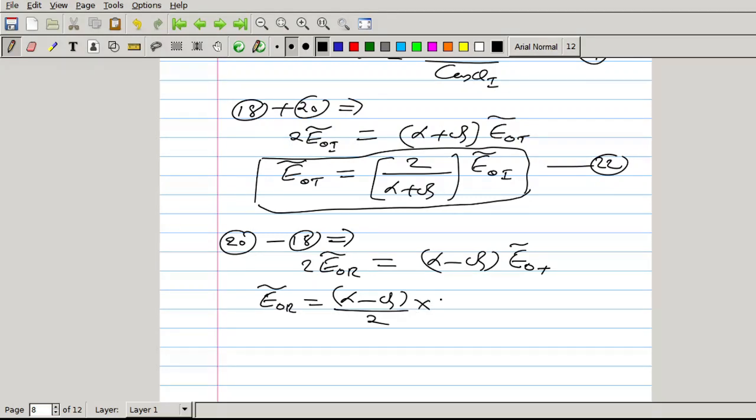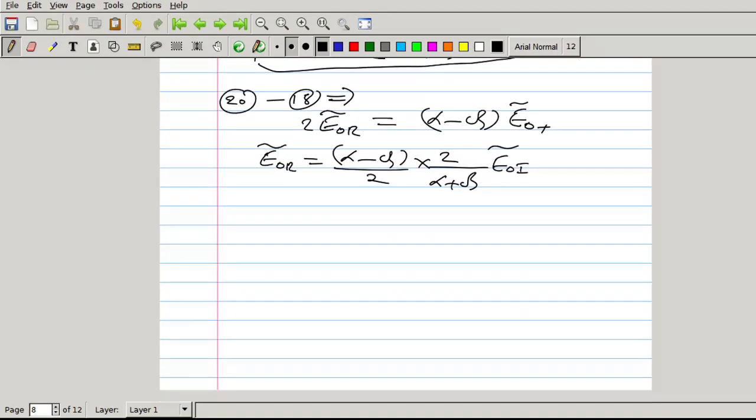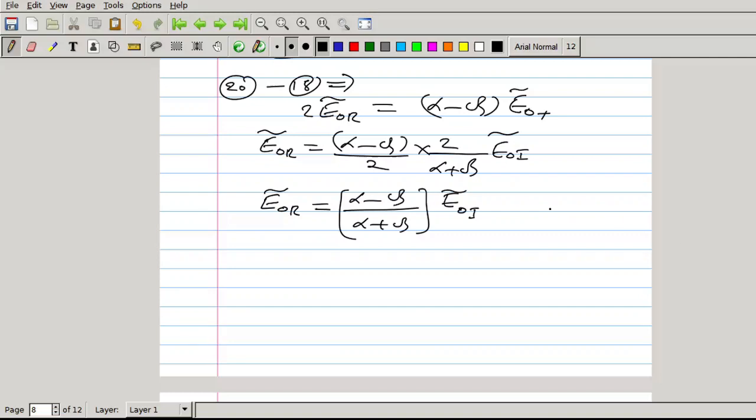What is E0t? E0t is 2 by alpha plus beta into E0I. So E0R equals alpha minus beta by alpha plus beta into E0I. This is equation number 23. So the reflected wave amplitude is alpha minus beta by alpha plus beta into E0I.